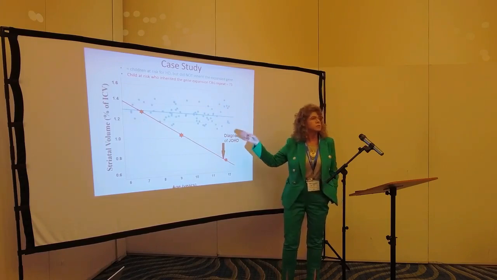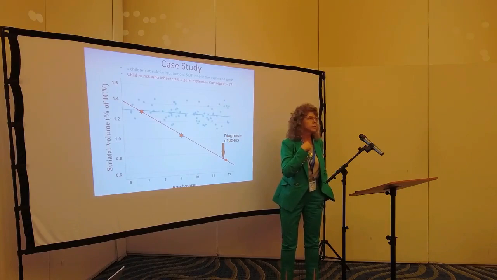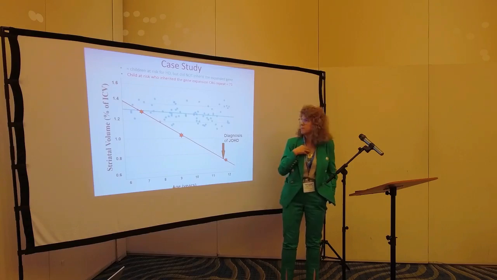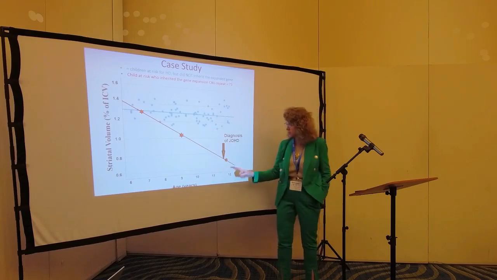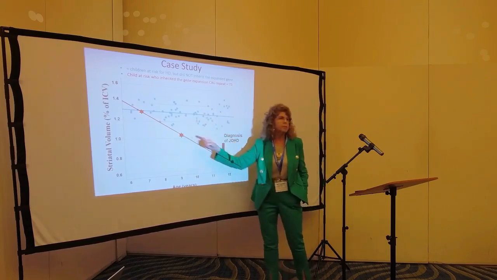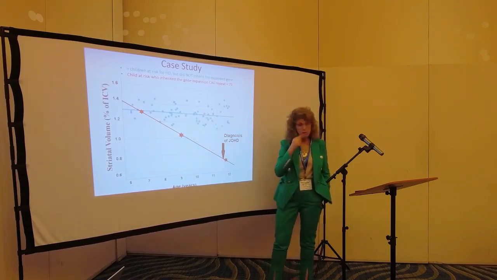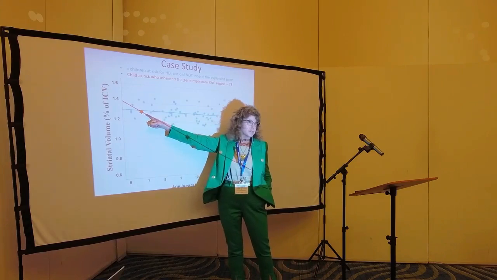But we followed this subject over time in our research study. We didn't know what the CAG repeat was, and the family didn't either. But eventually this subject was diagnosed with JoHD, and when we looked back and mapped her striatum, we could see that when she first came to us at 6, her striatum was normal.